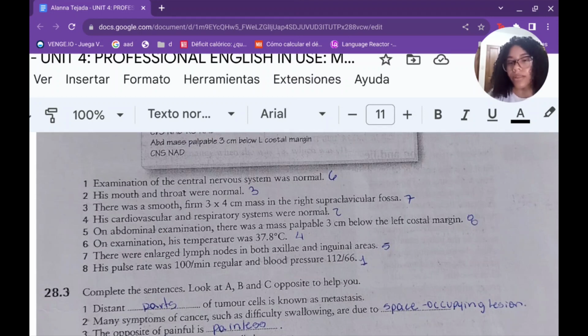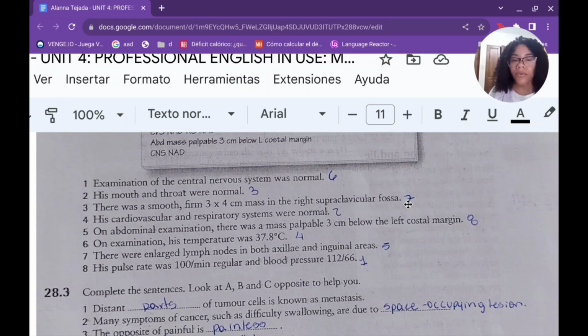On abdominal examination, there was a mass palpable 3 centimeters below the left costal margin. Number 8. On examination, his temperature was 37.8 Celsius. Number 4. There were enlarged lymph nodes in both axillary and inguinal areas. Number 5. His pulse rate was 100 per minute regular, and blood pressure 112 per 66. That's number 1.